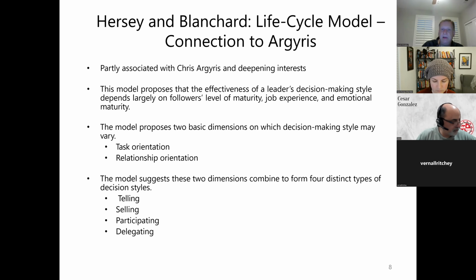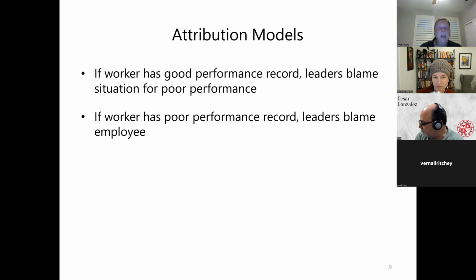So again, whether you're telling, selling, participating, or delegating will depend upon where those employees are in that life cycle, where they are in their arduous personal growth type of development. But again, here we're talking about a situational contingency-based approach to leadership. It depends upon your employees and where they are in their personal growth journey.